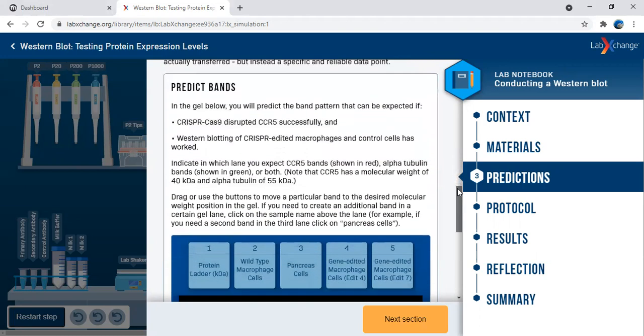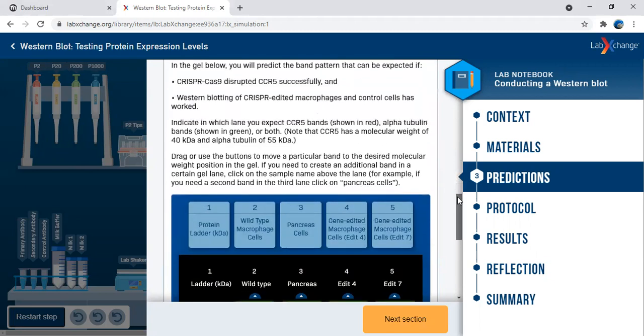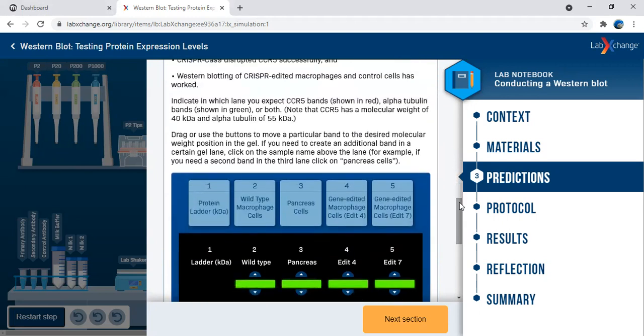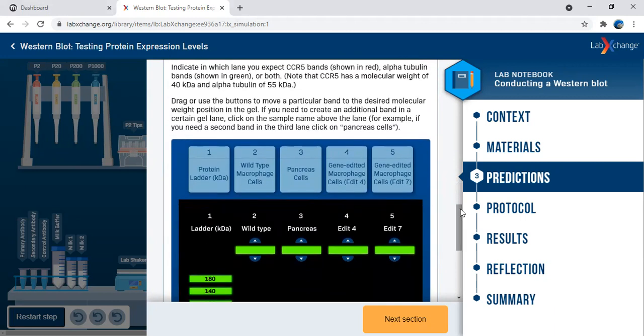So here we're going to predict the bands. In the gel below, I'm going to predict the band pattern that can be expected if the CRISPR-Cas9 disrupted CCR5 successfully and the Western blotting of CRISPR-edited macrophages and control cells has worked, indicating which lanes would show CCR5 bands in red, alpha tubulin bands in green, or both. CCR5 has a molecular weight of 40 kDa and alpha tubulin 55 kDa.